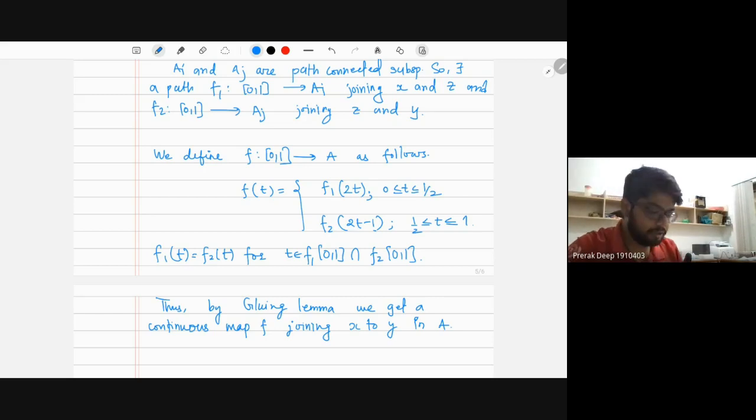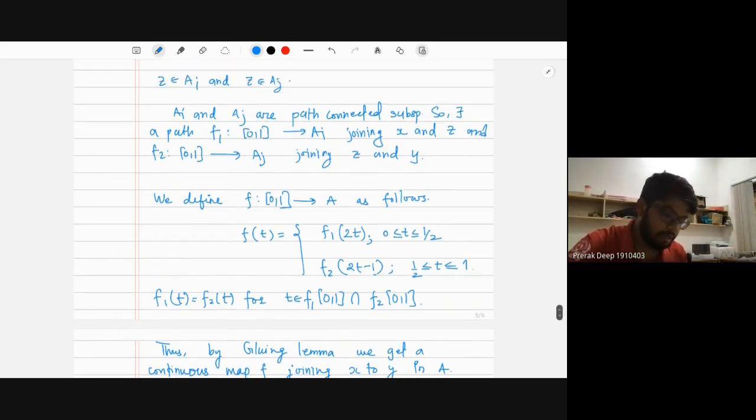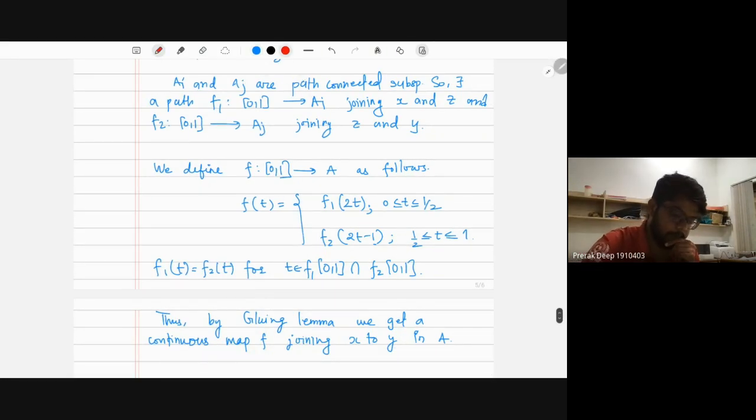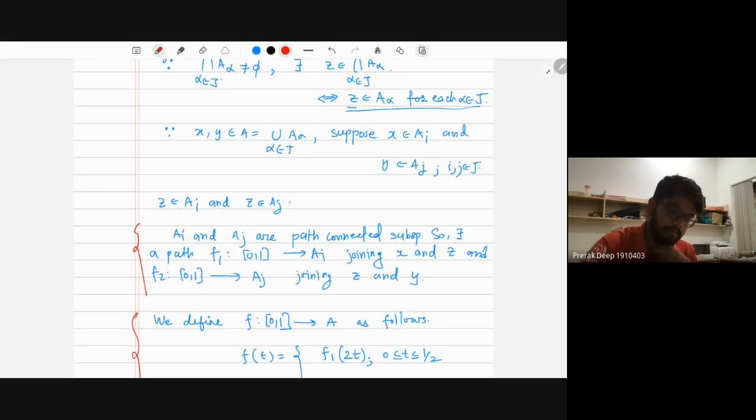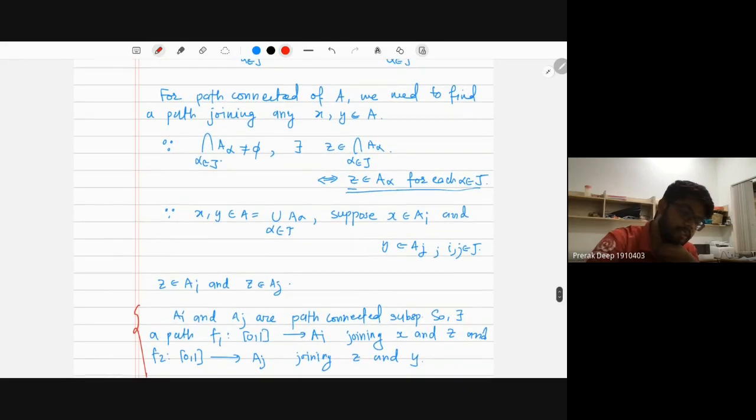I know this is quite big. It uses the gluing lemma argument to prove continuity, some argument to define this map f, the path connectedness where I get f1 and f2, and the non-empty intersection to find such a z.